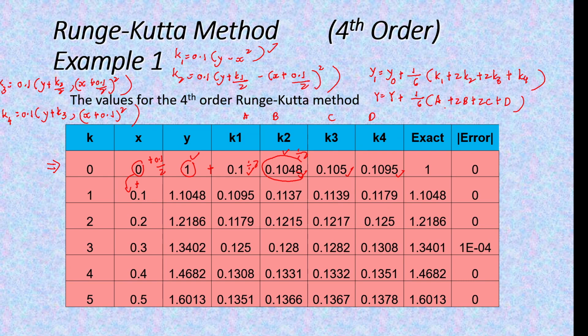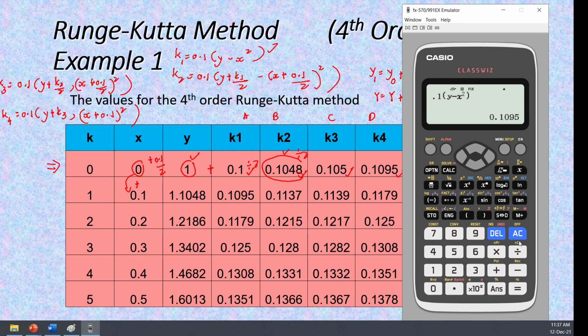Later on, to calculate y1, I will use y equal to y plus 1 over 6 times a plus 2b plus 2c plus d, where a, b, c, d are the K1, K2, K3, K4 formulas. So I will key in y plus a plus 2b plus 2c plus d divided by 6.